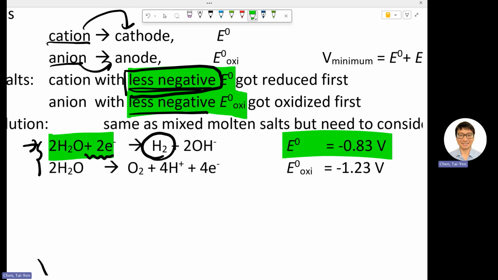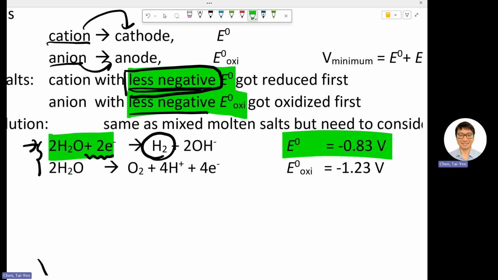So look for the anion and its oxidation potential, and then compare that to water. Whichever is less negative, that species will be the product on your anode. Is that clear? Does everybody follow the logic here? So that's what you need to have, so every time you read the question, you know what to do immediately.